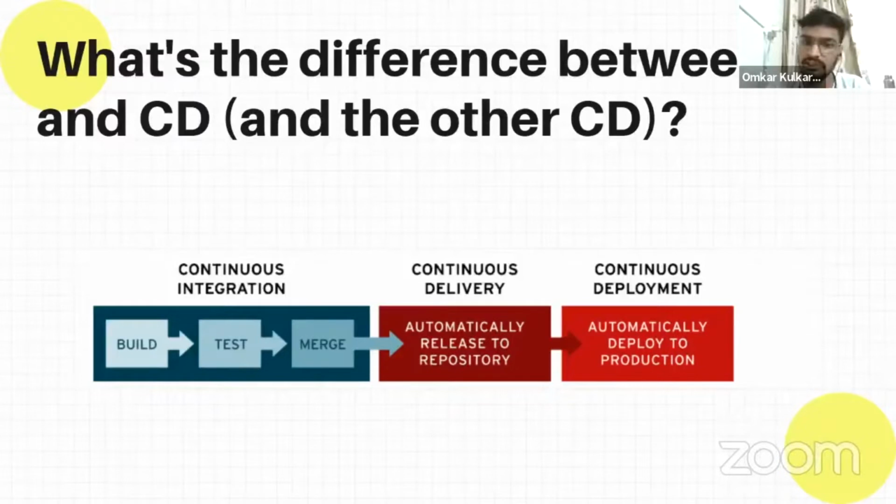In continuous delivery, we automatically have the code base in GitHub repositories, and it is automatically released to the repository. And continuous deployment automatically deploys to production, like deploying to the customers. Let's dive deep into continuous integration.